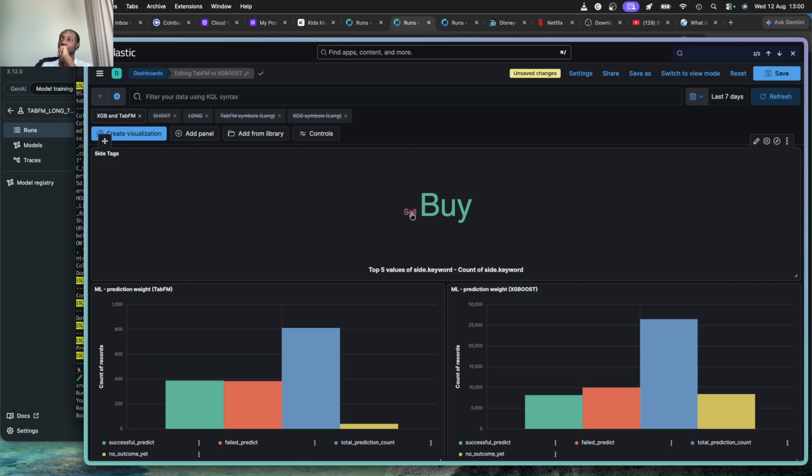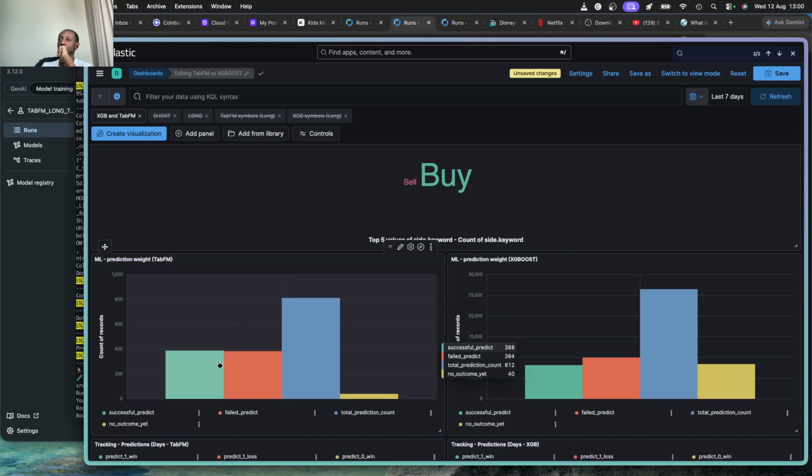So you have your buy and sales. You have your successful predict versus fail predict. It's quite high here. This is the total amount, and yellow is what has not given us an outcome yet.